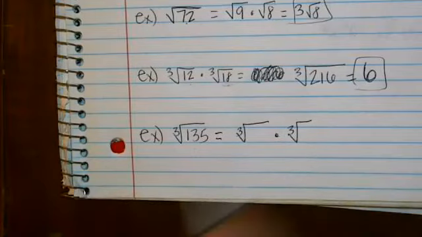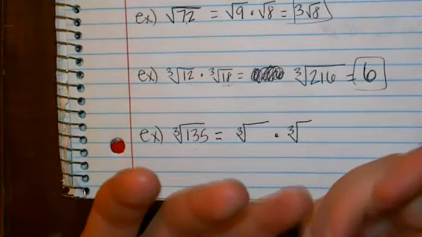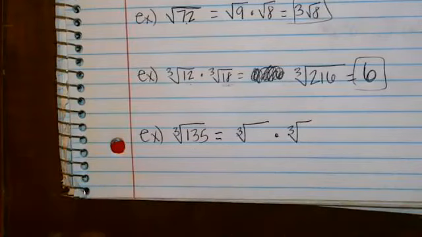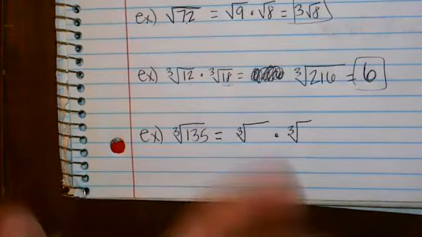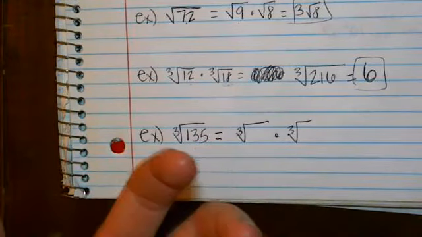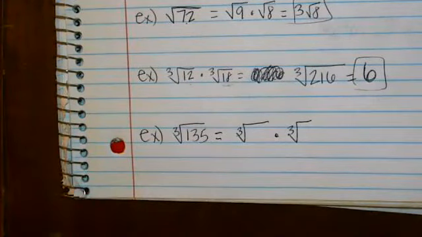So cube roots, when you start thinking about them, 2 times 2 times 2 is 8. 3 times 3 times 3 is 27. 4 times 4 times 4, 64. 5 cubed, 125, and so on. So those are some big numbers to think about. So let's first try 8, because that is the smallest number with a whole number cube root.